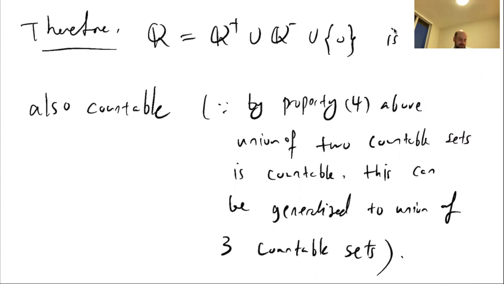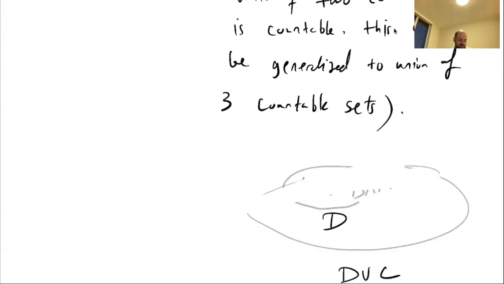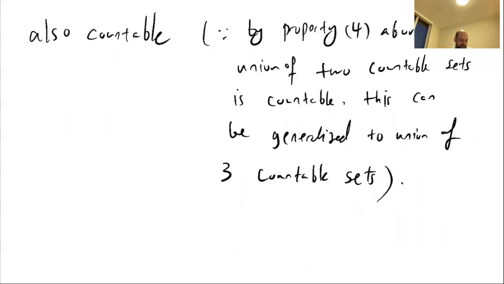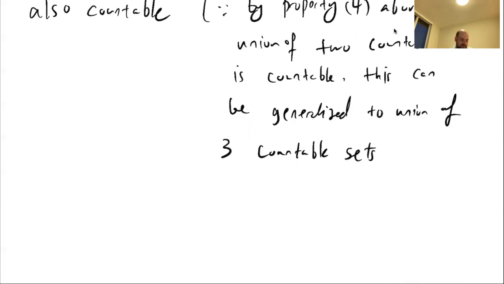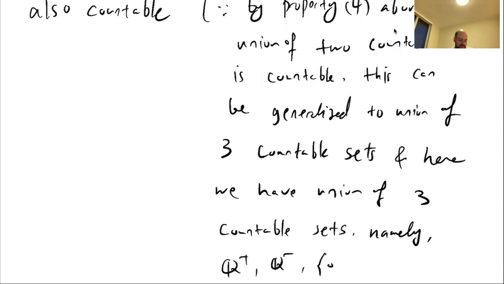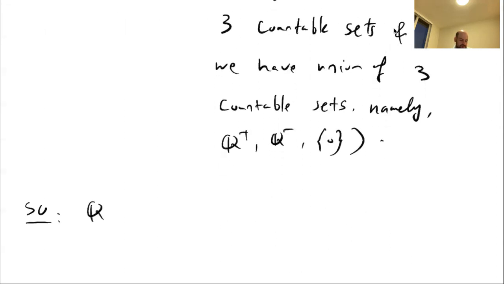And therefore here we have a union of Q plus, Q minus, and 0, which is a union of 3 countable sets, so Q is countable.